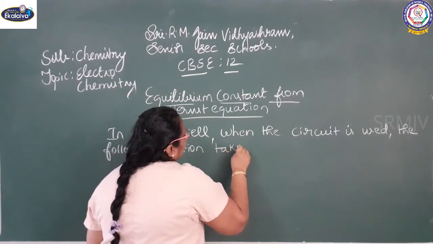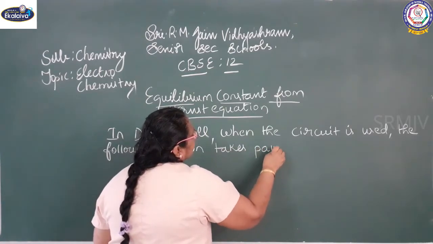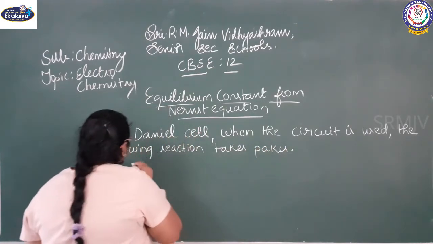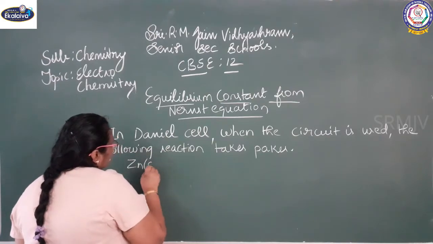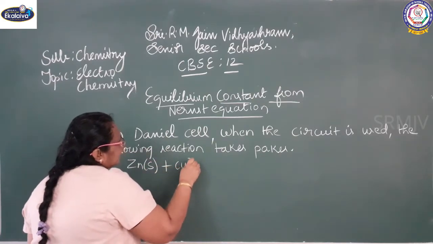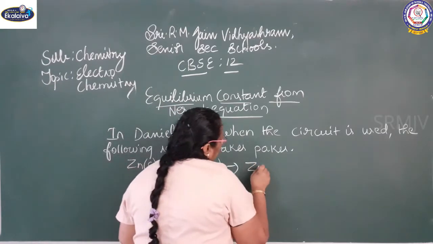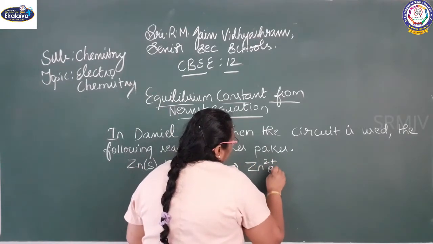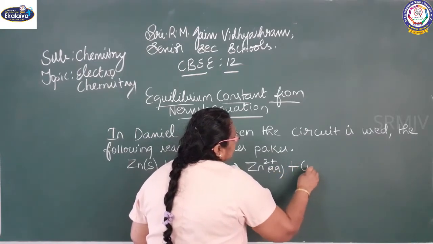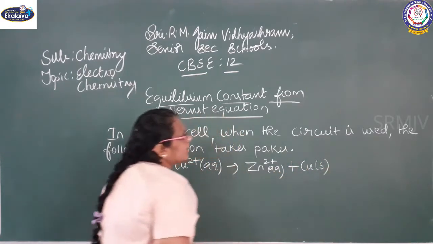Let us see the reaction. Zinc solid plus copper 2 plus aqueous gives zinc 2 plus aqueous plus copper solid. So this is the reaction taking place in the Daniel cell.